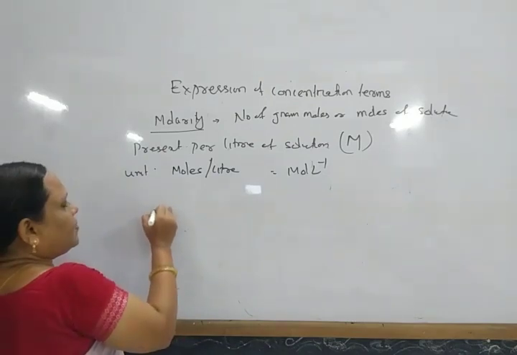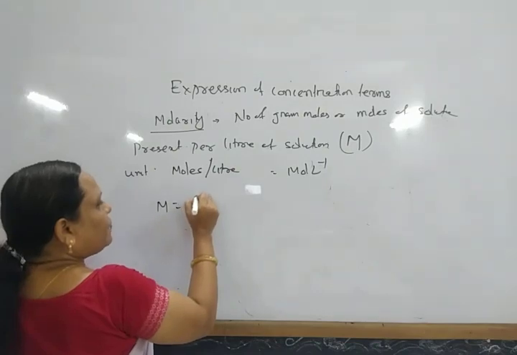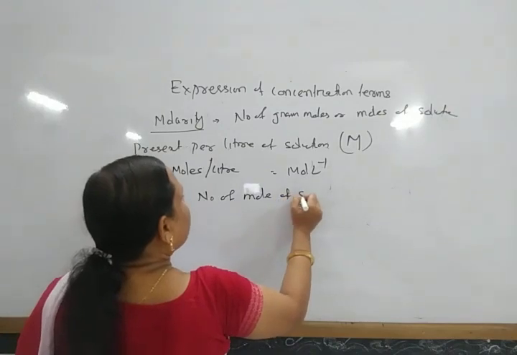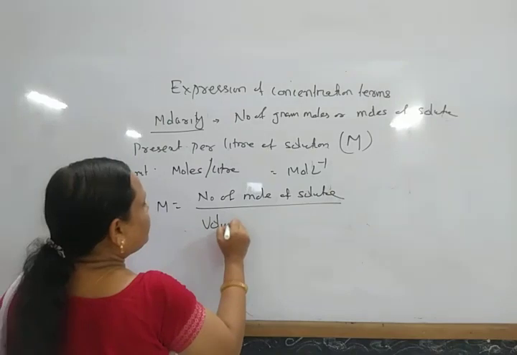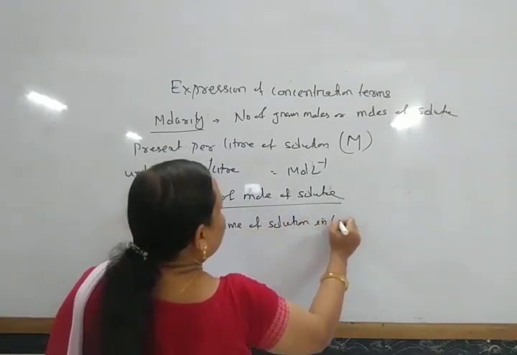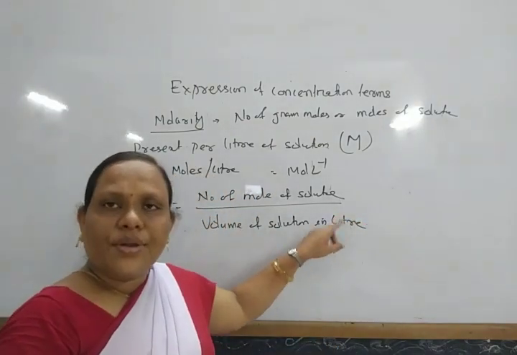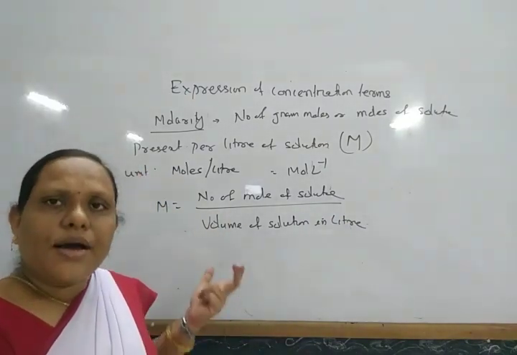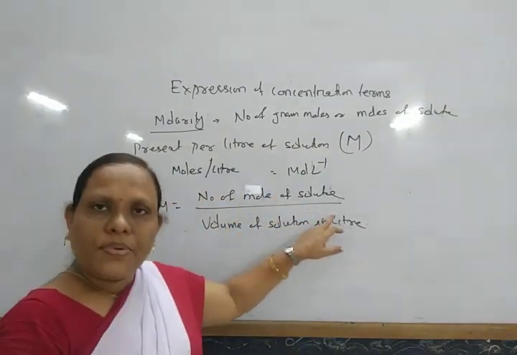And mathematically, how is it expressed? That is number of moles of solute divided by volume of solution in liter. And you know how to find the moles of the solute? If any weight is given, this weight by its gram molecular mass gives you the number of moles.